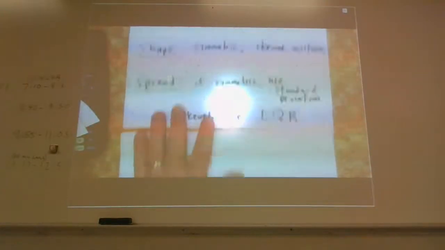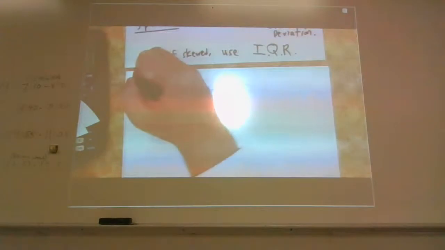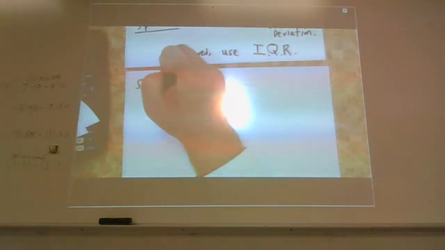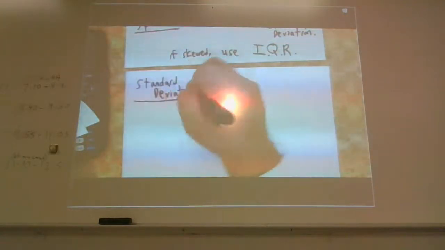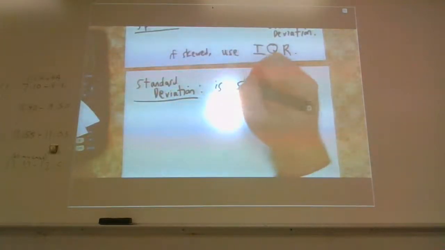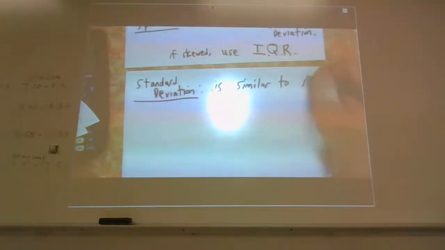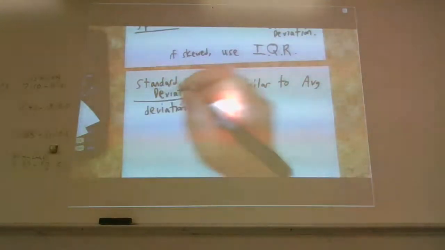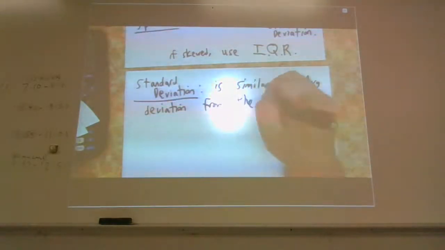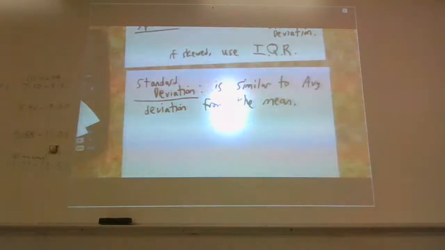As I talked about, and I just want to make sure we have this written down, standard deviation is similar to average deviation from the mean. On average, everything seems to be deviating by like 3, or everything seems to be deviating by 10 or something along those lines.